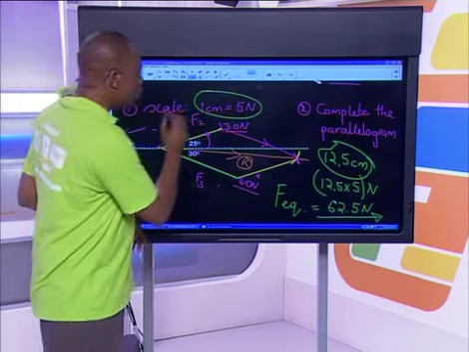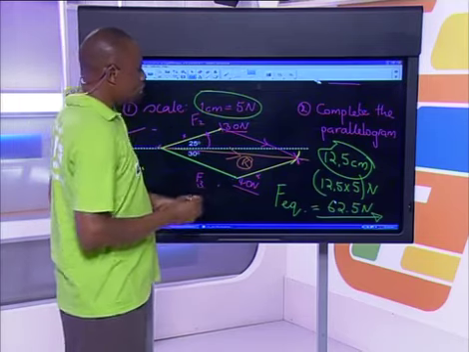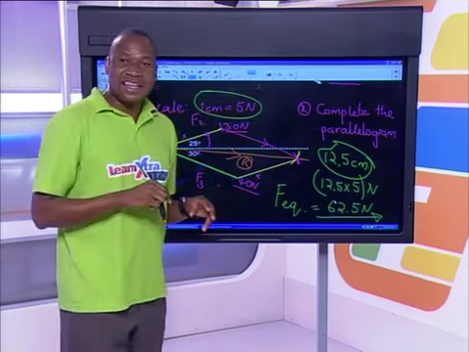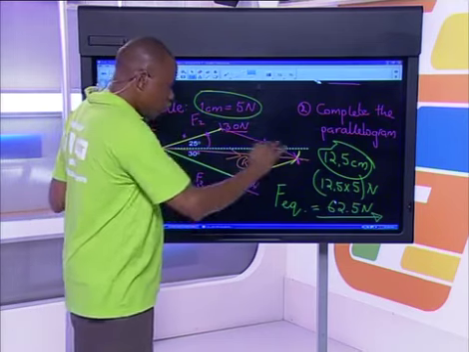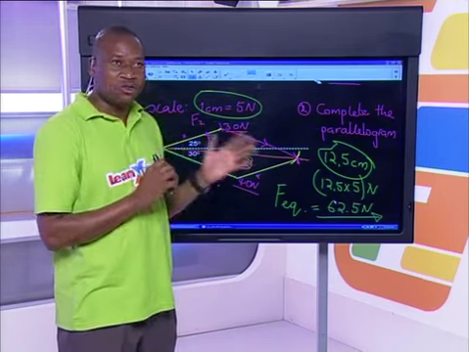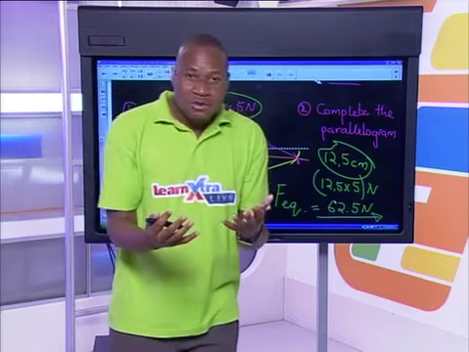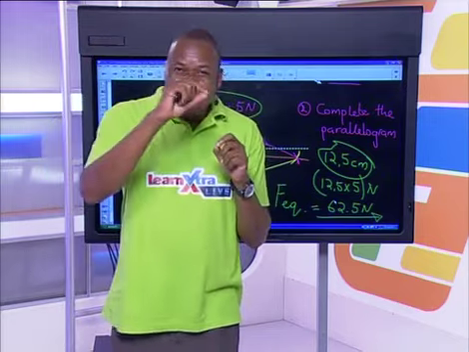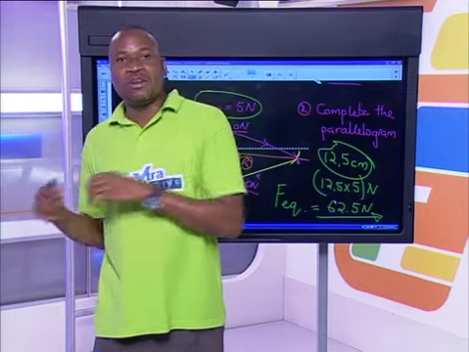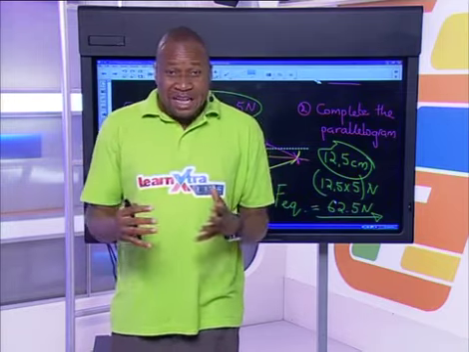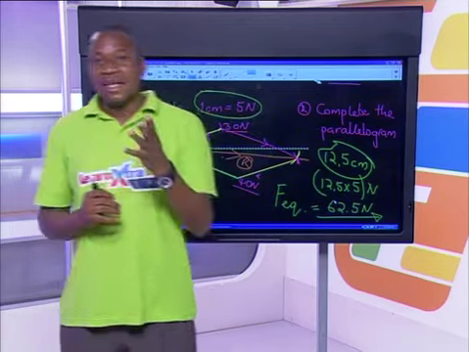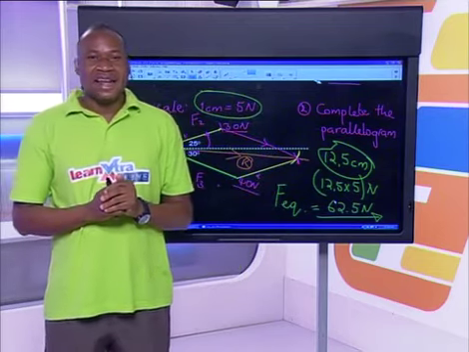Then lastly, you construct. You put your compass and make your lines of construction there, then you draw your final line, which is your resultant. You measure the magnitude of that line, you multiply by your scale, you convert it back to newtons, because these are not centimeters, these are newtons. We're talking about forces, and then you have your answer like that.